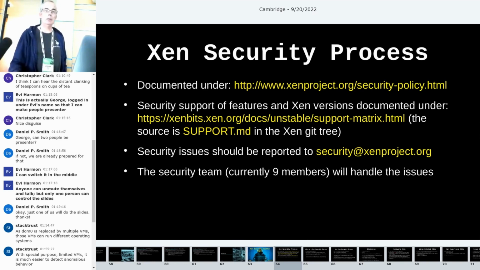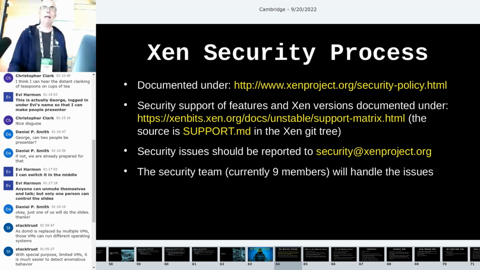We are quite proud in the Xen community of our Xen security process, which is very well documented. It's kind of state-of-the-art in the open source world. You can find the document via the Xen wiki, for example, under the given URL.